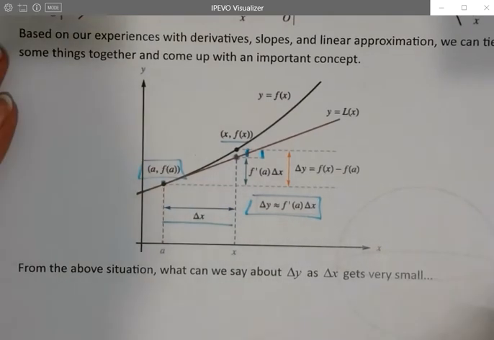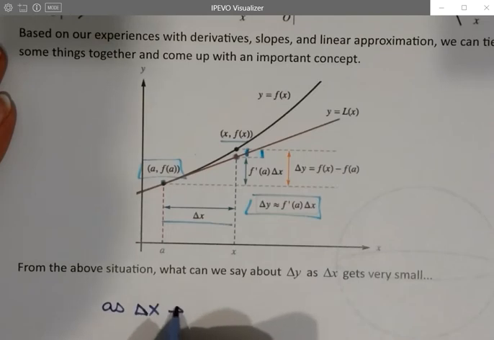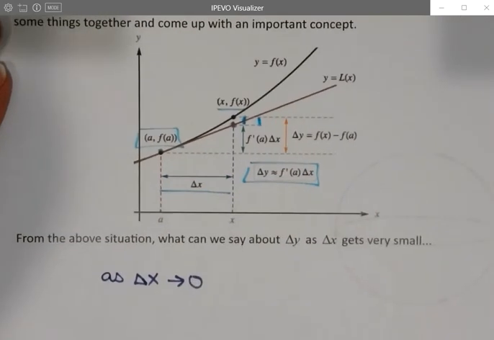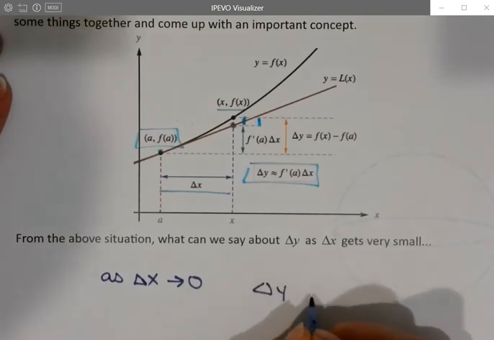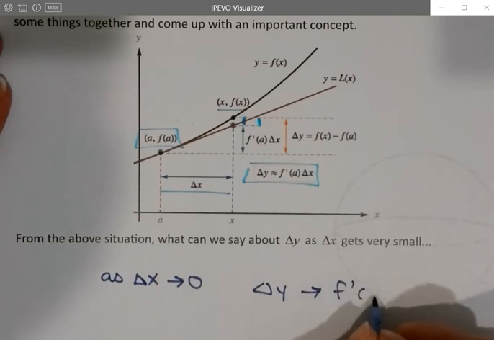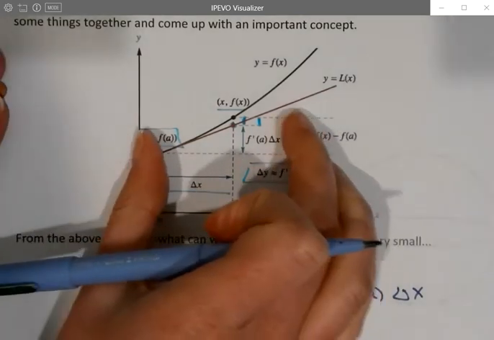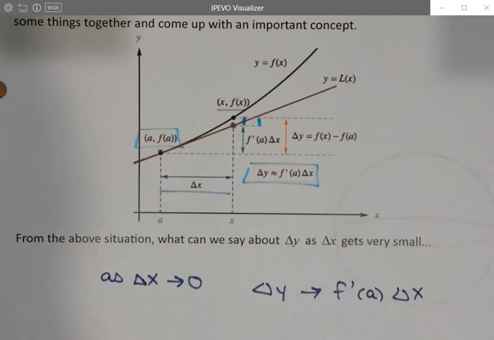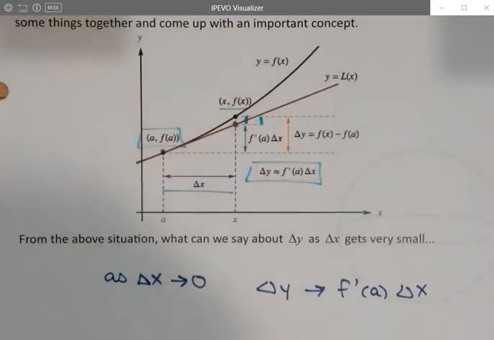So what can we say about change in y as change in x gets very small? As change in x approaches 0, change in y is going to approach that derivative times change in x, because as these shrink, the difference between those two things is going to shrink as well.